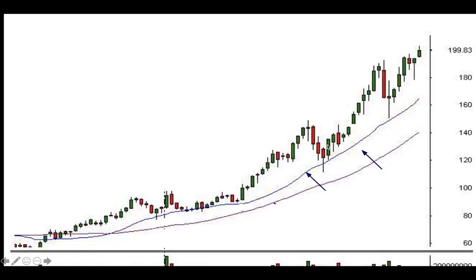Okay, here's an example of an uptrend. This is a real chart with candlesticks, as you can see, right? We can see that we made a high here, we made a low here. This low was higher than this low. This high was higher than that high. Right here, we also make a higher high, higher low. And as we continue going up, you can see that we're continuously making higher highs and higher lows.